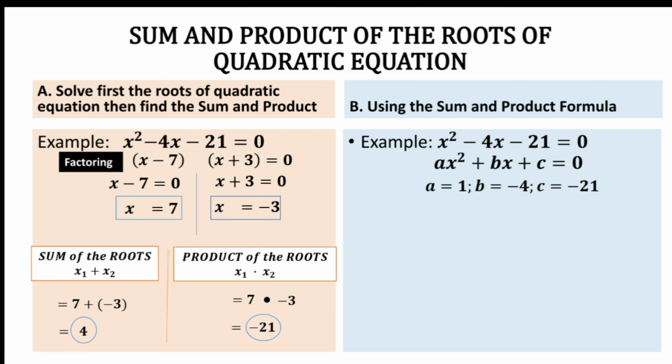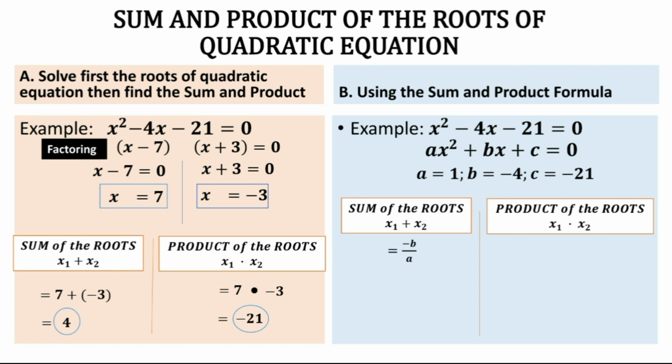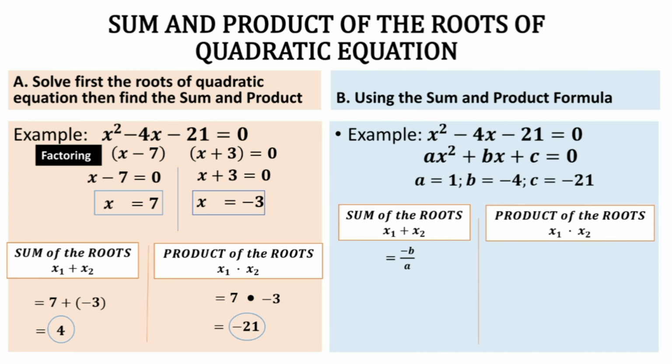After that, we will now use the formula for the sum and product of the roots of quadratic equation. Sum of the roots has an expression of negative b over a. Substituting the value of b and a to this expression, so we have negative times negative 4 over 1.